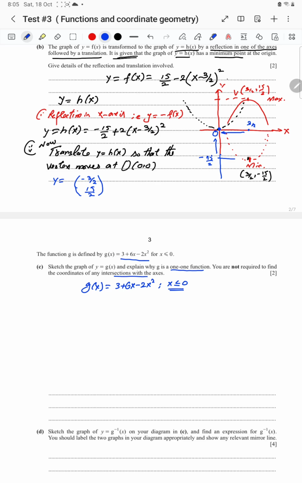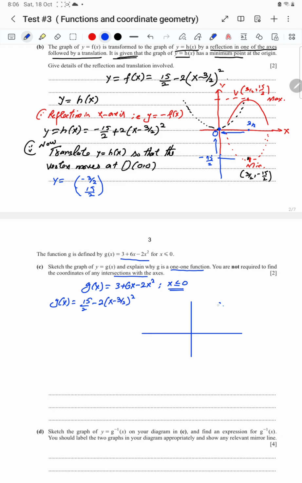Okay, just simply, coordinates of the intersection of the axes, no need. So 1 mark is for writing why g is 1-1 and the other is to roughly sketch. Generally, in part 3 we have already done that. It can be written as 15 by 2 minus 2 times x minus 3 by 2 whole square.